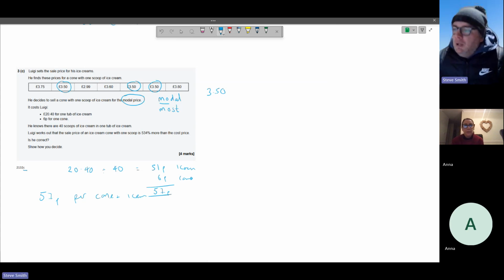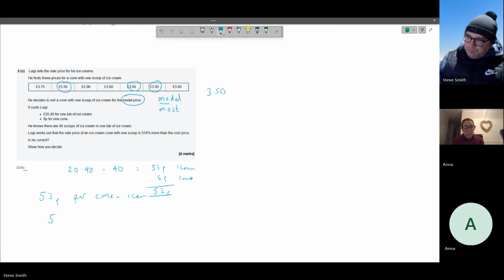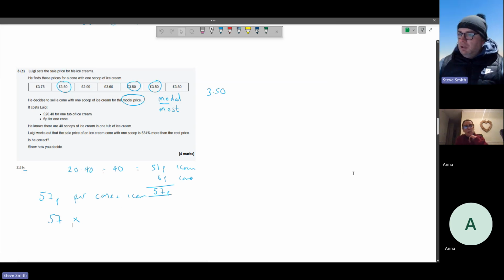Right. He works out the sale price to be 534% more than the cost price. So we're going to do 57p, and we're going to times it by, so if you think about this now, we've got here £3.50. So what's the sale price of ice cream with 1 cone?